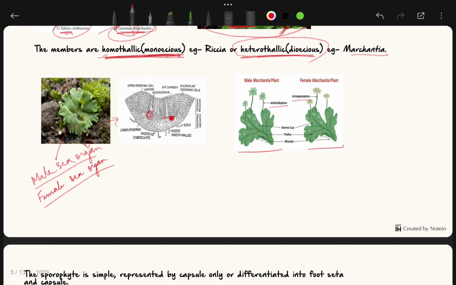Inside the antheridiophore, the male sex organ will be produced, and inside the archegoniophore, female sex organ will be produced. So liverworts may be homothallic, meaning that the same plant body will produce both the male and the female sex organ. They may be heterothallic as well, so the male sex organ and the female sex organ will be borne on different plants.